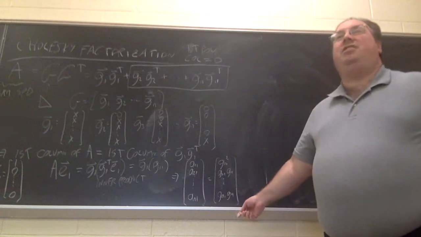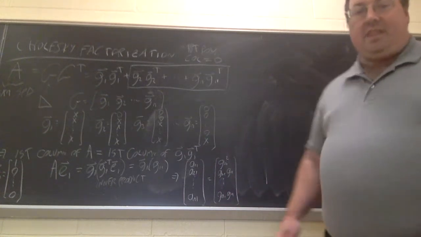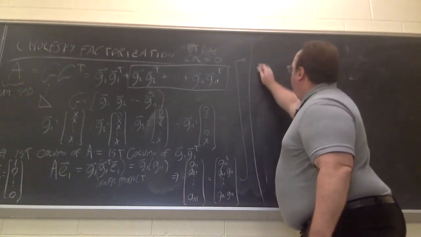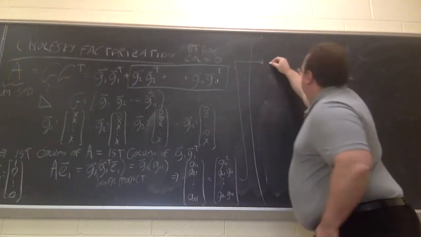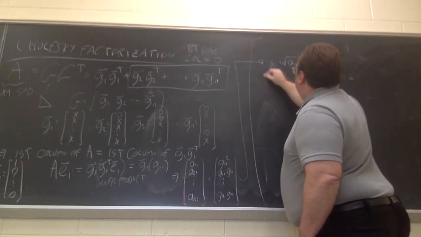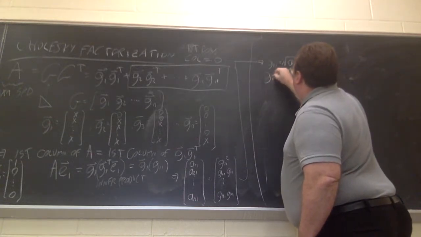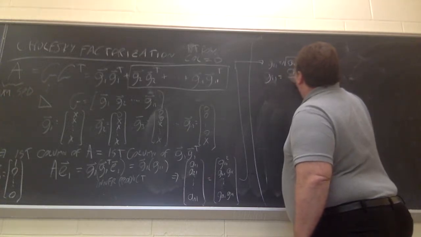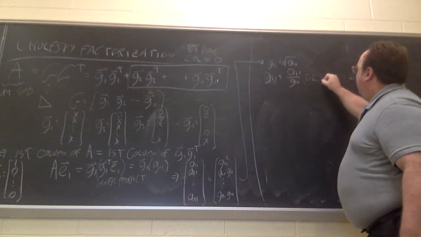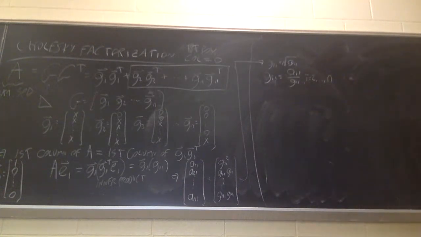We solve each of these equations. And that leads to G11 being the square root of A11, and all others, GI1 is AI1 over G11 for everything else. Okay. So now we have G1. Any questions so far?